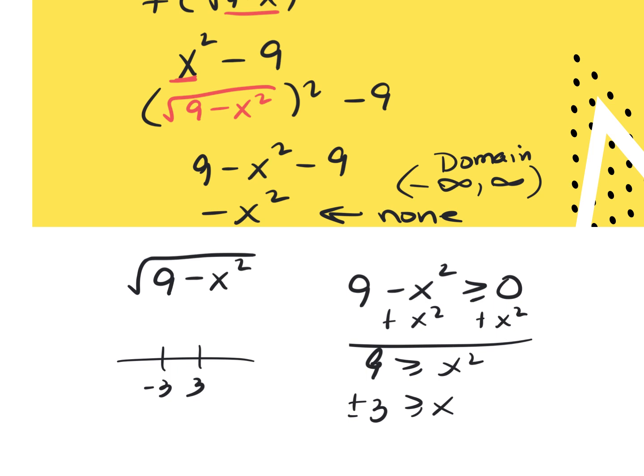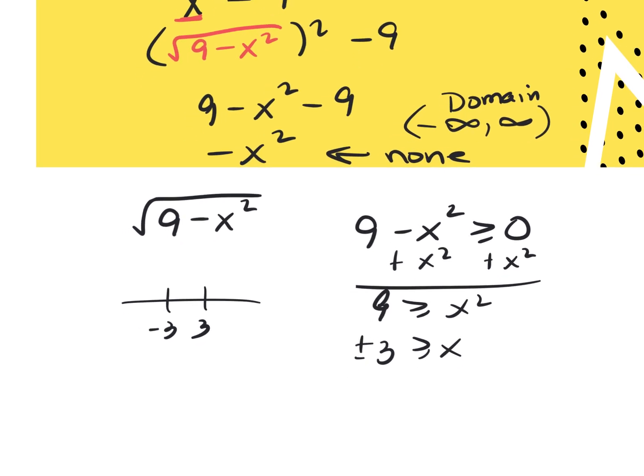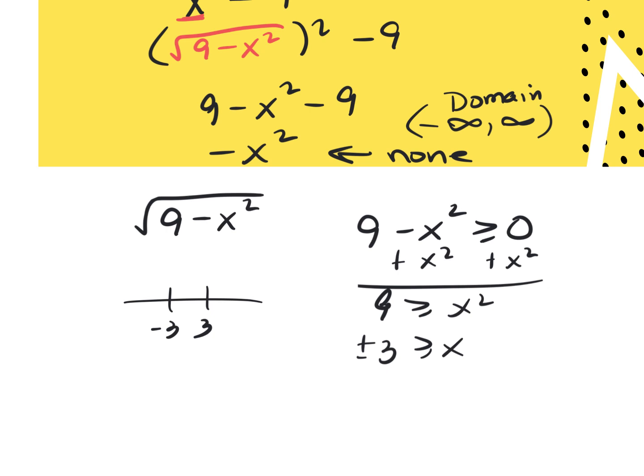Okay, so I calculated the domain of the combined function, and you already saw that it was going to be all real numbers. Now what we're doing is working on finding the domain of the input function, which was the g of x function. Remember, when you have a quadratic inequality, we have to do the x check and figure out where it is.